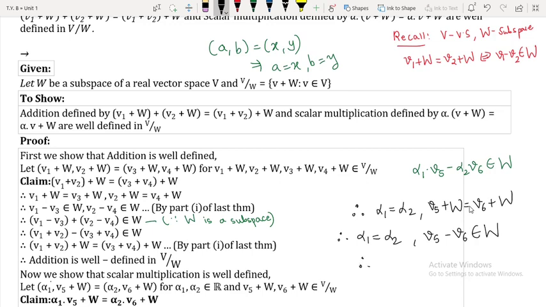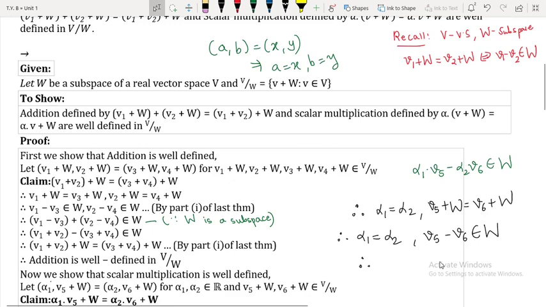Now since W is a subspace, it is closed under scalar multiplication as well. What do we mean by closed under scalar multiplication? If you have an element of W and any real number, their scalar multiplication will always lie in W only.